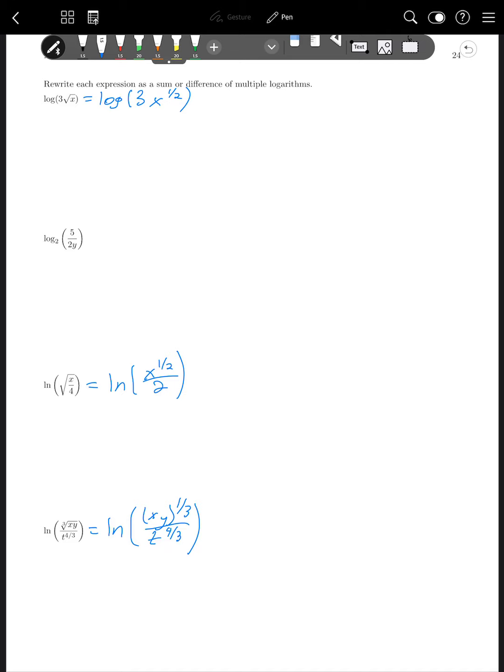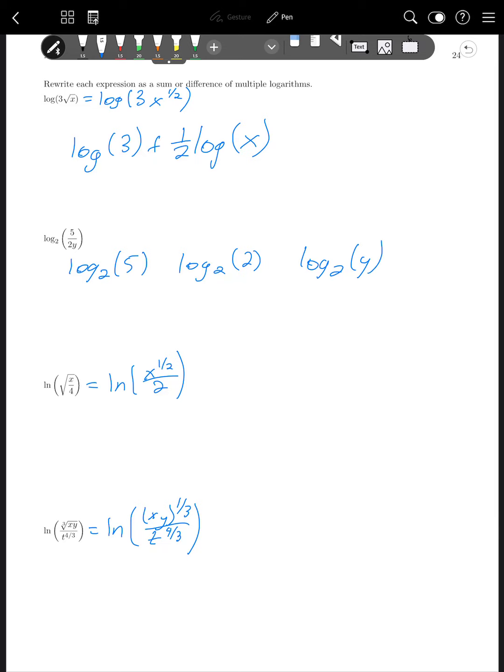Okay. So the first one, there is no denominator, so everything's going to be positive. So this should be log of 3 plus 1/2 log of x, right? Because the two factors are 3 and x. x is to the 1/2 power, so that's why it gets a 1/2. Here we get log base 2 of 5, log base 2 of 2, and log base 2 of y.